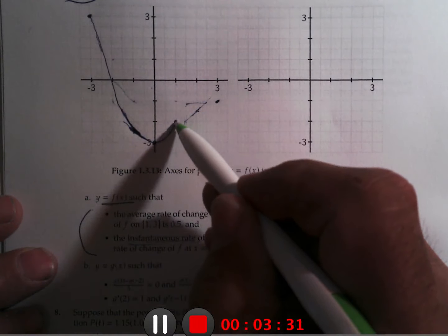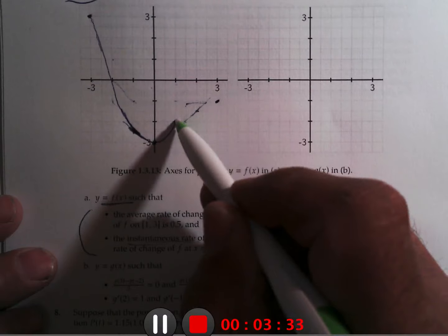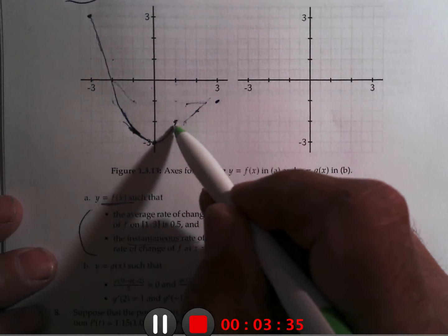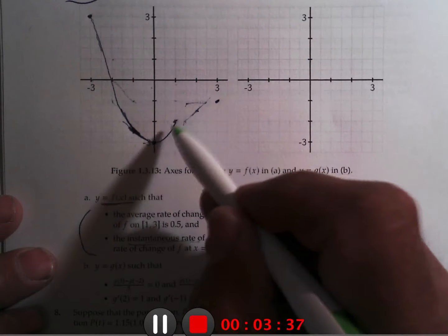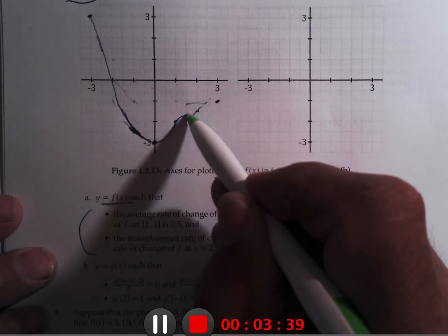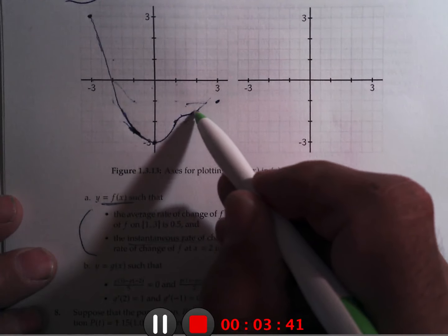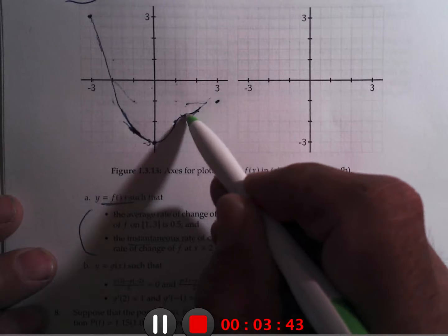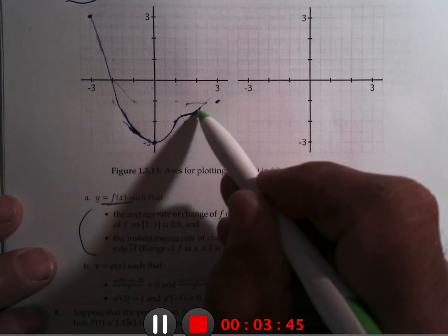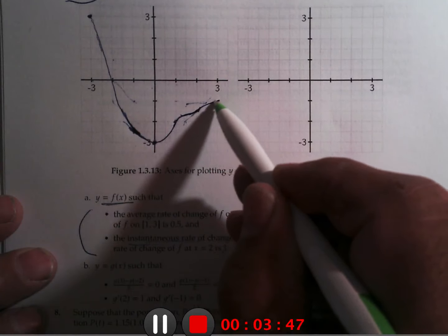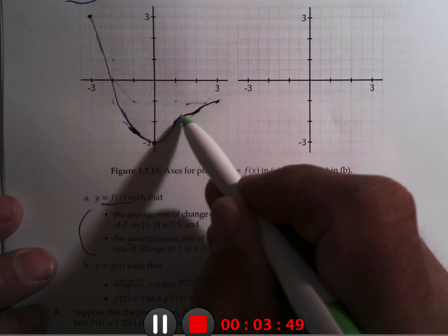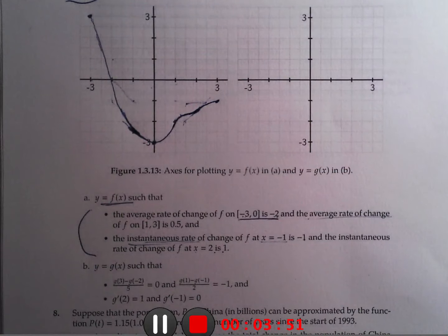So to get the average rate, I have to hit these 2 points that I made. But I want a slope like this, so I'm going to have to go down and so I can make a curve like this, a curve around, and then curve back to here. So I have a slope like they want. That's part A.